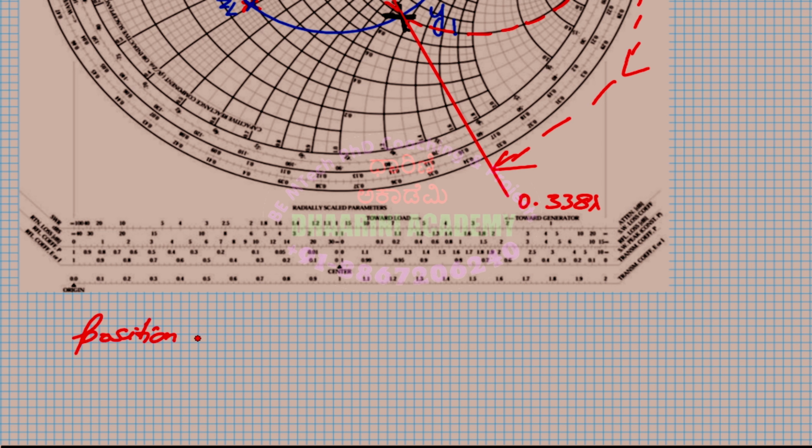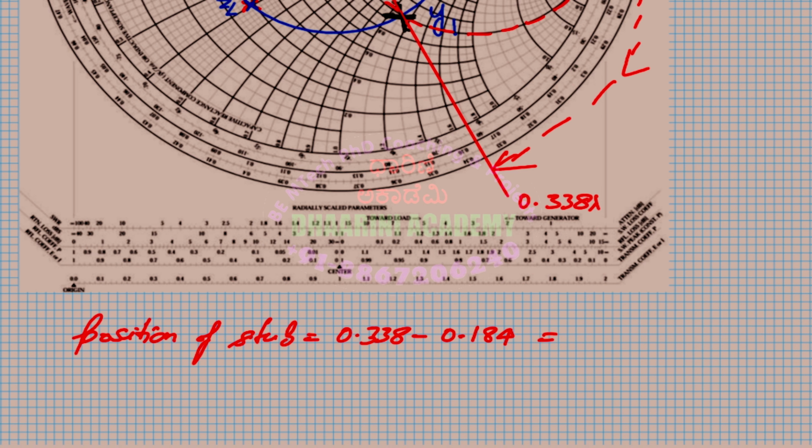L1 is equal to the final value 0.338 minus what was the other value, 0.184, I guess, correct? Yes. How much? 0.502.